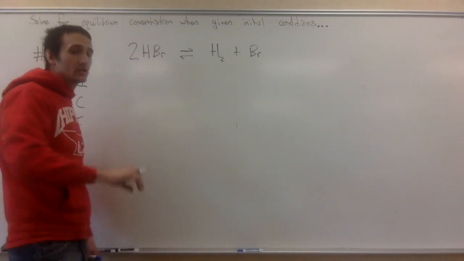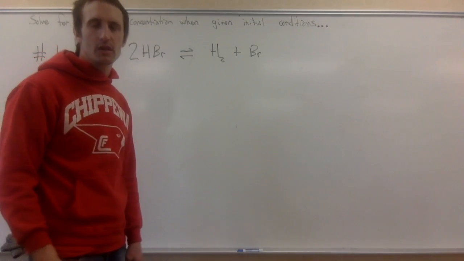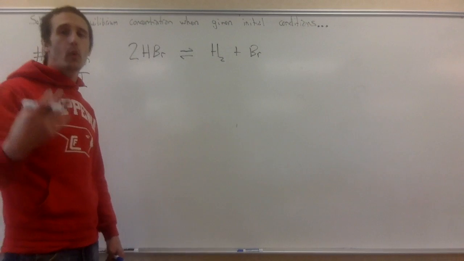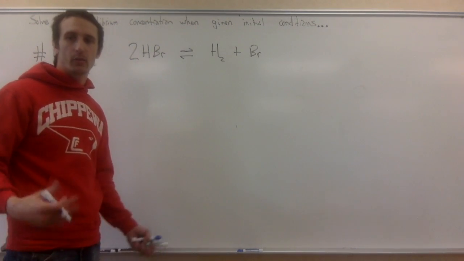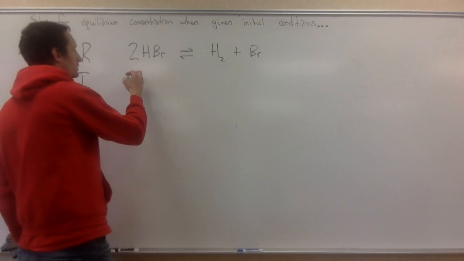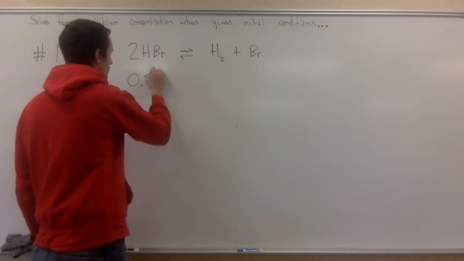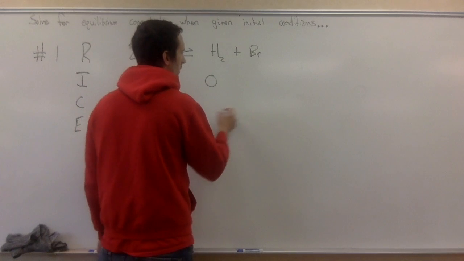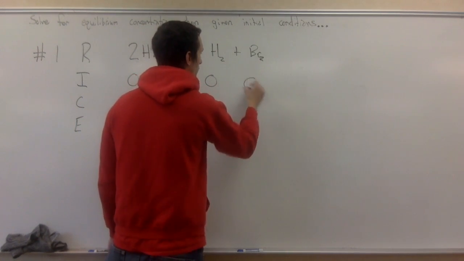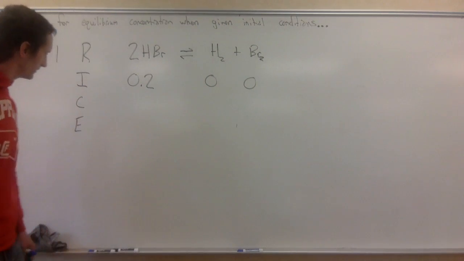My initial conditions, if you read the problem, it says that you've got 0.2 moles in 1 liter. So by definition, 0.2 moles in 1 liter is a 0.2 molar solution. We can assume that there's no hydrogen and no bromine present.